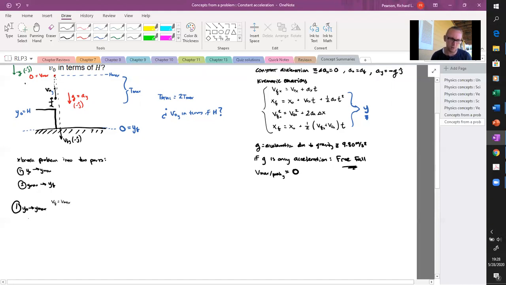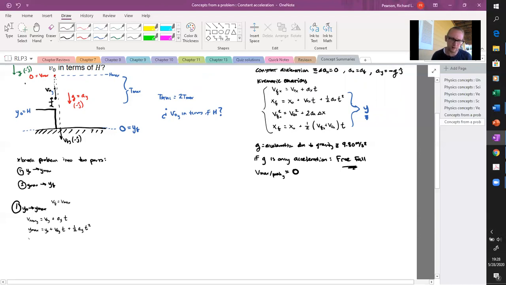So we are going to have our v max in the y direction equal to our initial velocity in the y direction plus our acceleration in the y direction times t. The next equation is our y max is equal to our y initial plus our initial velocity in the y direction times t plus 1/2 our acceleration in the y direction times t squared.